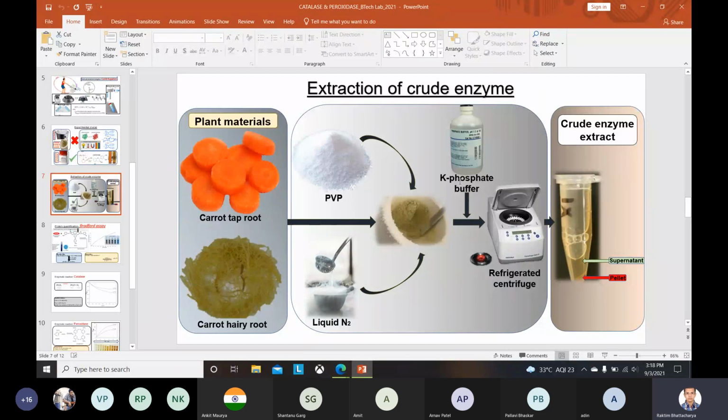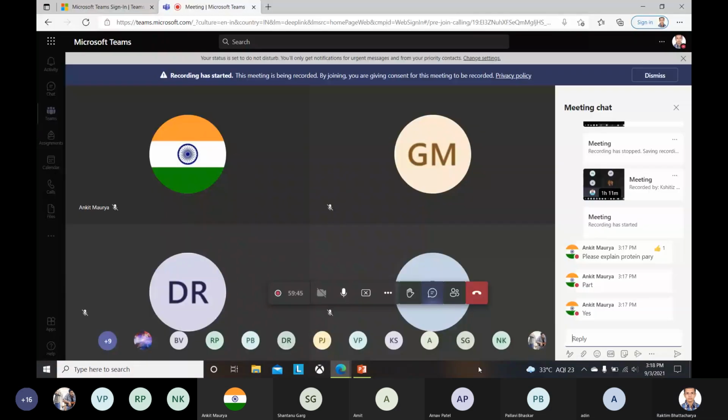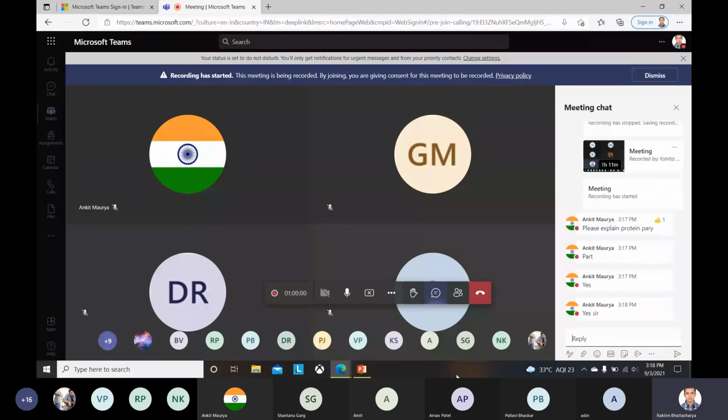As I told you, enzymes are proteins. If we can check that there are proteins coming in our sample, that means our extraction buffer is working, then passively we can say that the enzymes are there in my sample. It's a sort of passive identification of the enzymes: my sample contains enzymes since enzymes are protein. Okay, thank you.